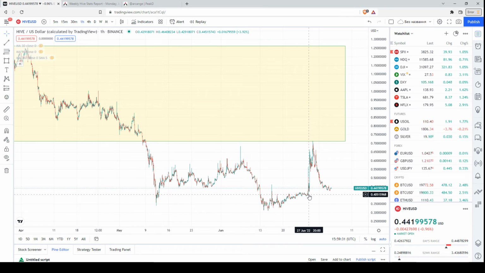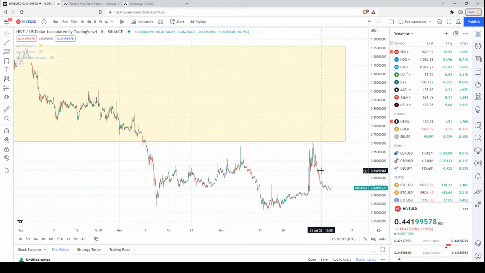So yes, I want to underline that HIVE is a relatively not very liquid cryptocurrency, and on some exchanges it seems that people are manipulating the price within a short period of time. Some people probably make money on this, and that's why we have these relatively fast price increases, but they're relatively unstable in the long run.